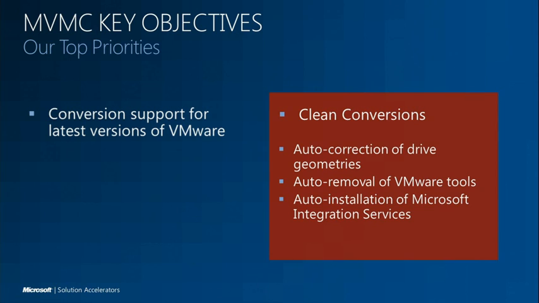So when we do a conversion, one of the things that we do is we do the correction of the drive geometry so that they're compatible with Hyper-V. The other thing that we do is, in the case of Server 2003, for example, you can't get it up and running after the conversion if you haven't uninstalled VMware tools, if you haven't installed Microsoft Integration Services. So those are also things that we do in order to make sure that we get the highest possible number of successful conversions.